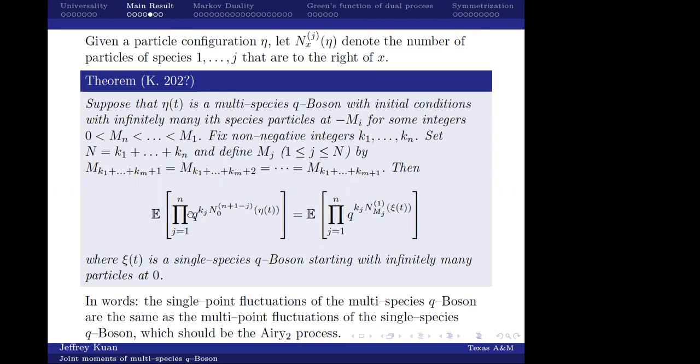Looking at this expectation, on the right-hand side we have a single species model, but we're looking at the multi-point fluctuations, or multi-point moments. So just in words, the single point fluctuations of the multi-species Q boson are the same as the multi-point fluctuations of the single species Q boson, which should be the Airy_2 process.